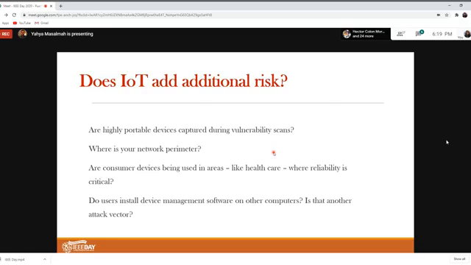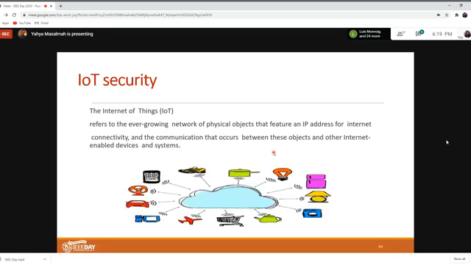Remember that not every application has the same level of impact, for example, when you're talking about healthcare, the level of importance of security. Do users install device management software on other computers? Is that another attack vector? These are a lot of questions that will call our attention to the security countermeasures that we need to talk about.